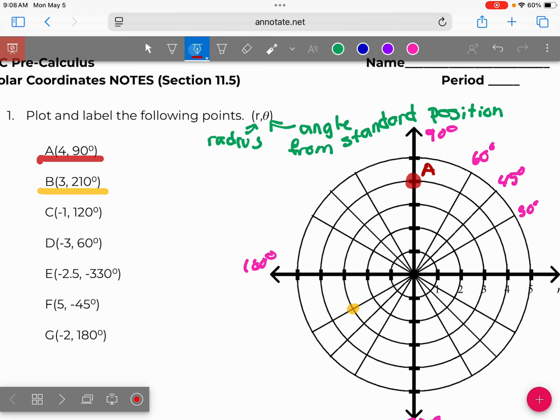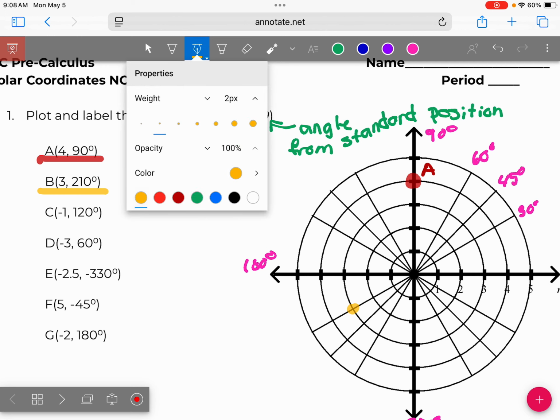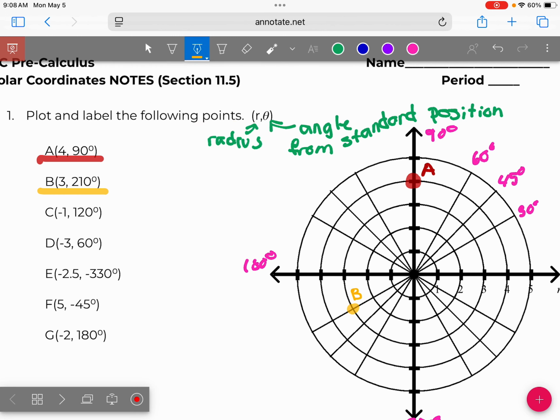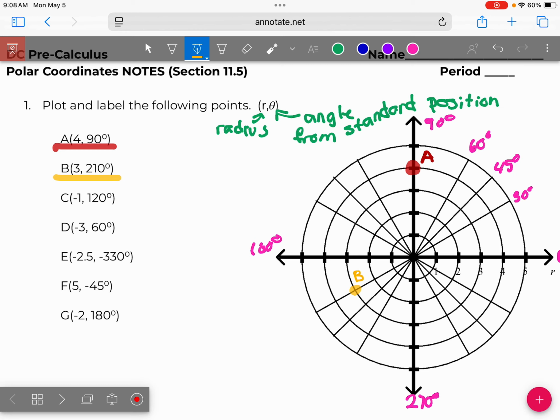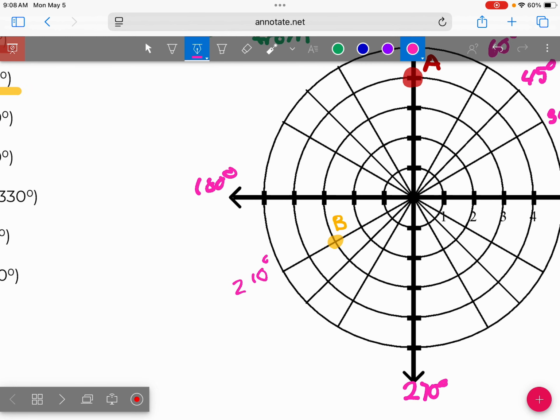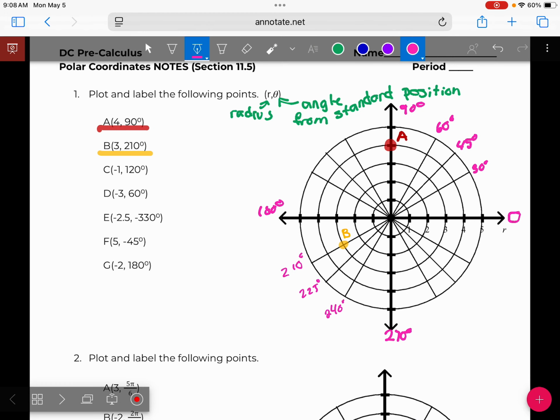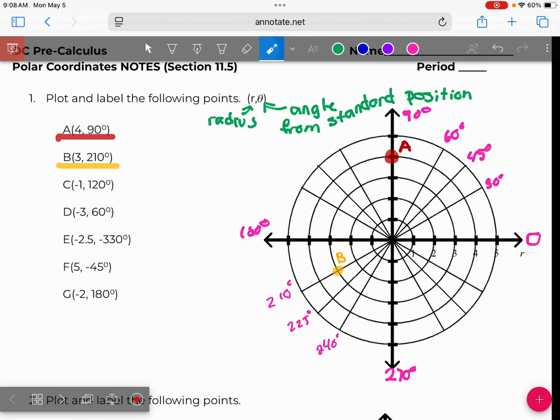This is our point B. We could label this one here as 225. We can label all these pieces just so that we can see them, because sometimes that makes things easier.